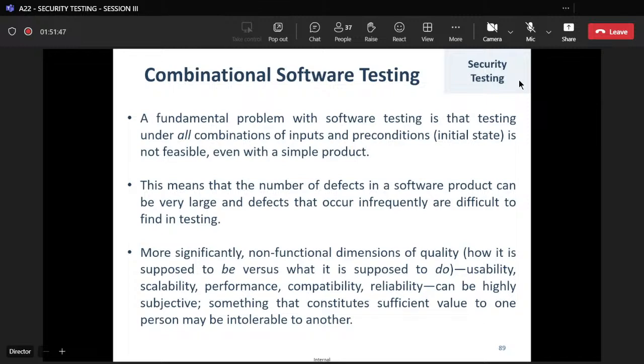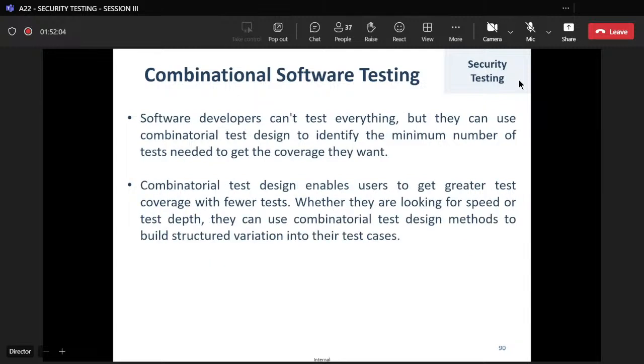That will be chosen as the types of various software testing that will be agreed by the organization, and they'll be performing those tests, the combinational testing. They cannot test everything. So they'll go for a combinational approach, identifying the minimum number of tests so that they get the maximum coverage they want.